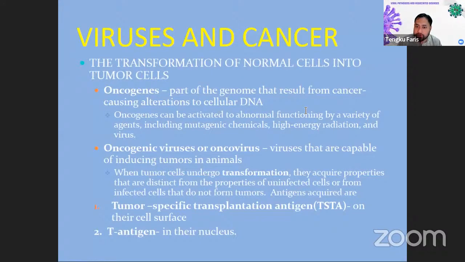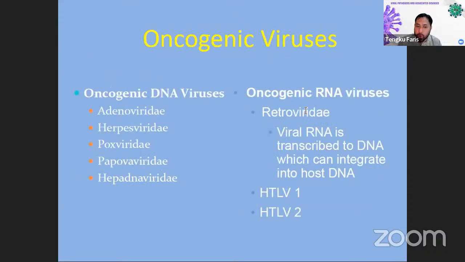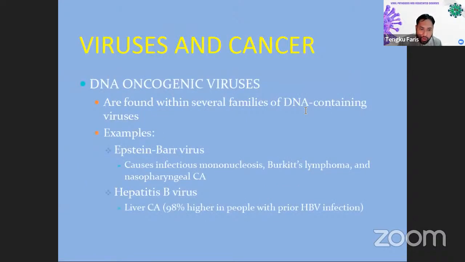We call these viruses oncoviruses. They are viruses capable of inducing tumors or causing cancers in humans or animals. I list down the DNA or RNA viruses that are considered oncogenic viruses, and the diseases that have been associated with them, like Epstein-Barr virus causing Burkitt's lymphoma, and hepatitis B virus causing liver carcinoma.